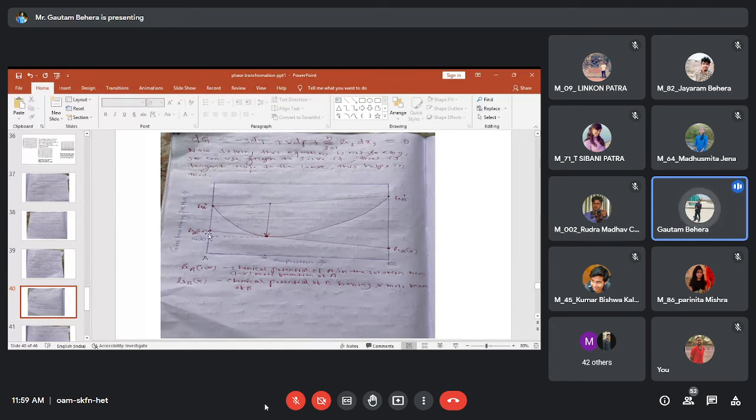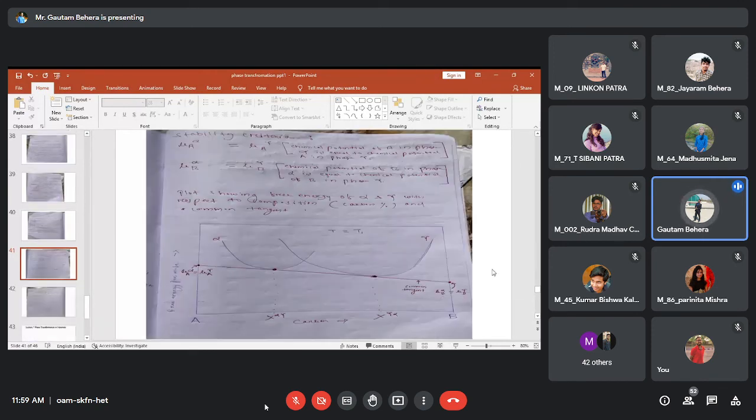So this is the chemical potential of A, and this is the chemical potential of B. Since it has a composition of x, and the other is 1 minus x, it is given here, right? And at this point you have a free energy, that is Gx. Mu A at 1 minus x is the chemical potential of A in the solid solution having 1 minus x mole fraction of A, and mu B at x is nothing but the chemical potential of B having x mole fraction of B in the solid solution.